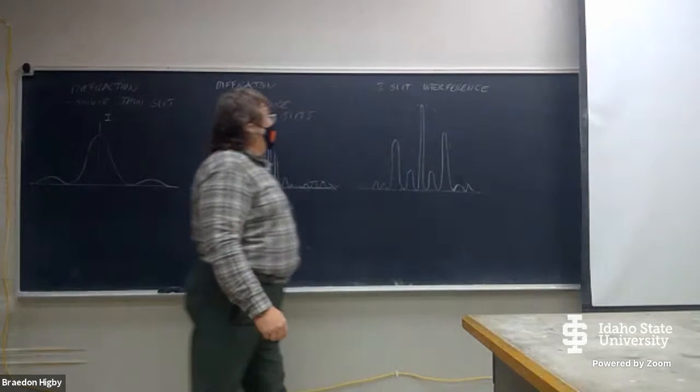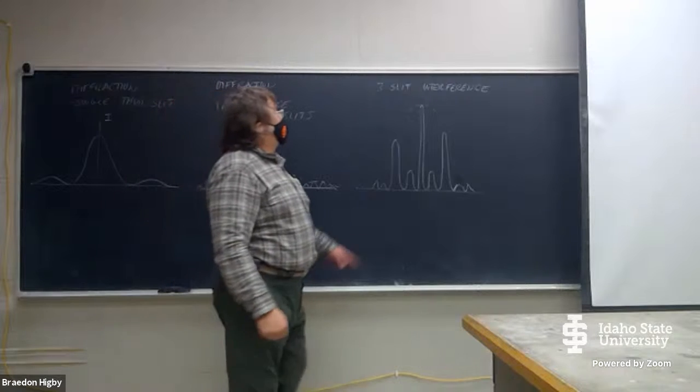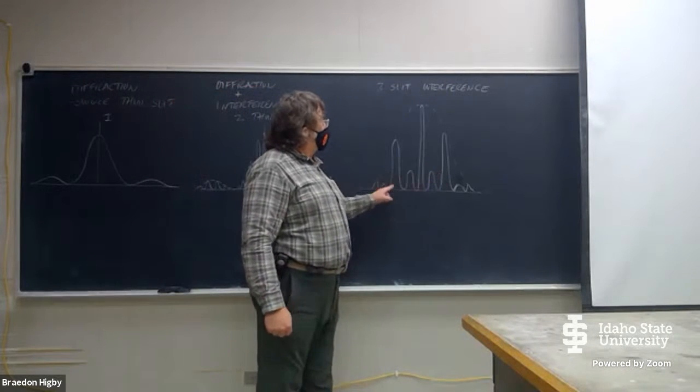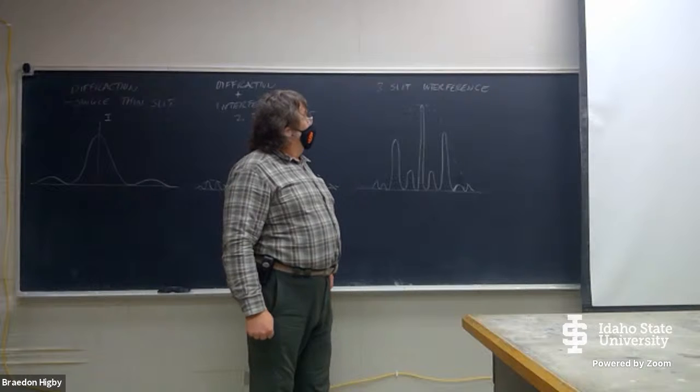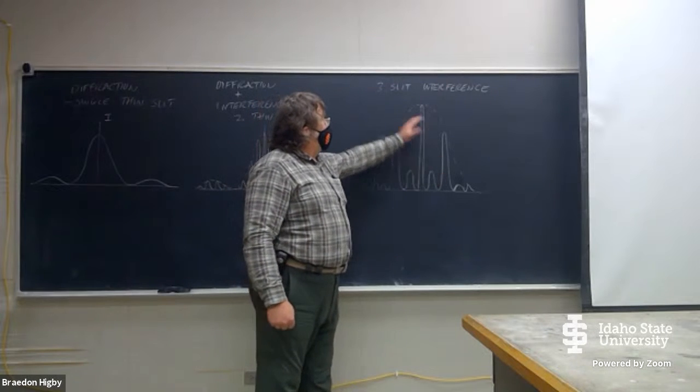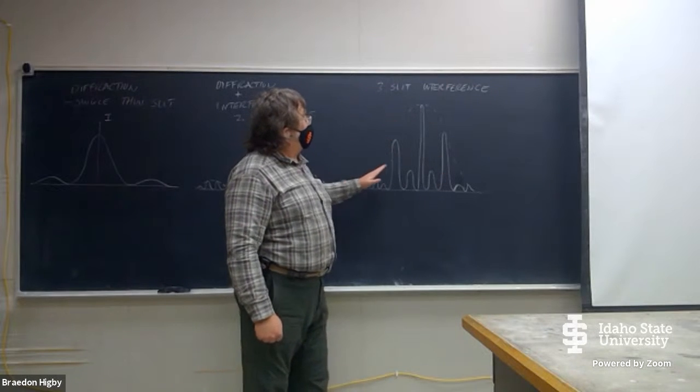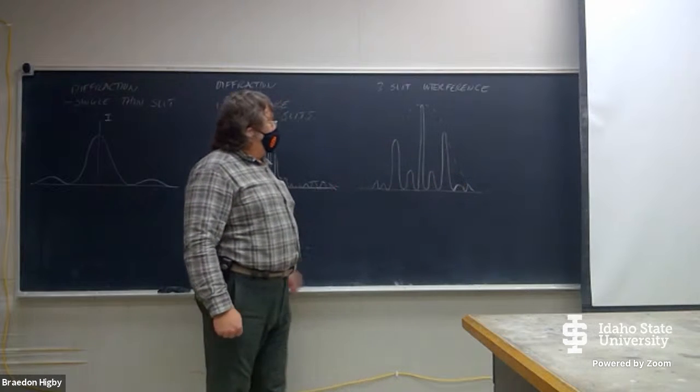You get a pattern that would look kind of like that, where the brightness of the spots would be alternating and getting successively dimmer as you went out through that central diffraction envelope.